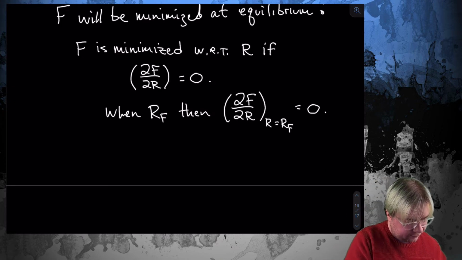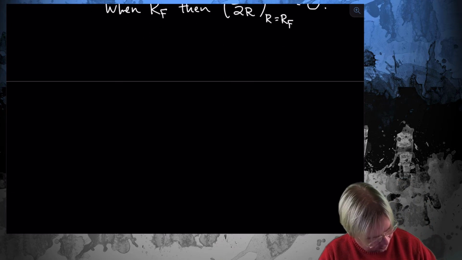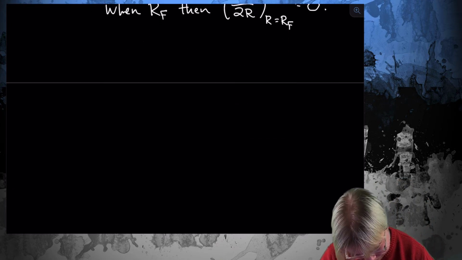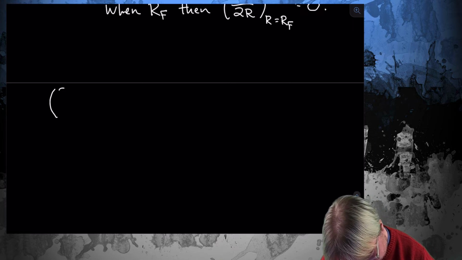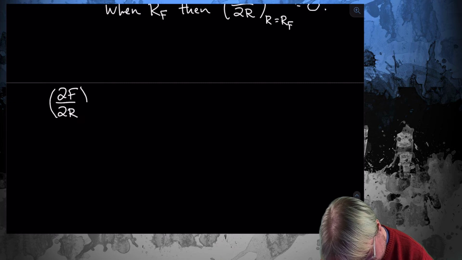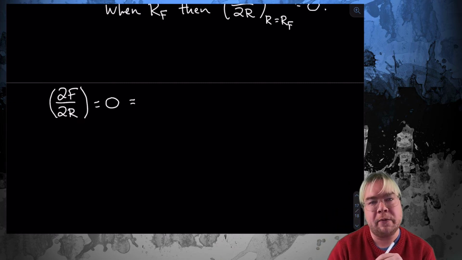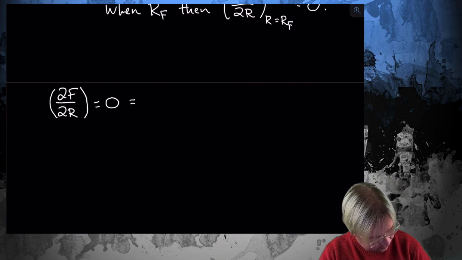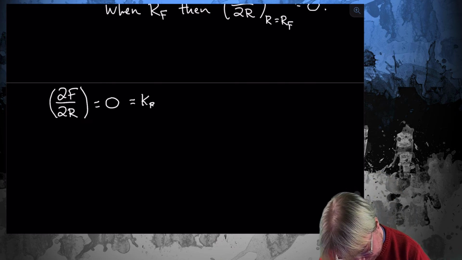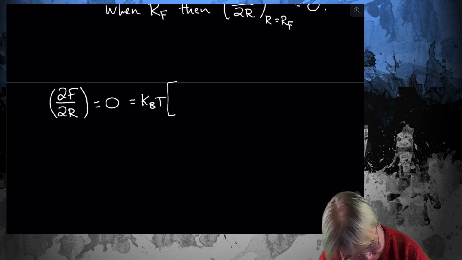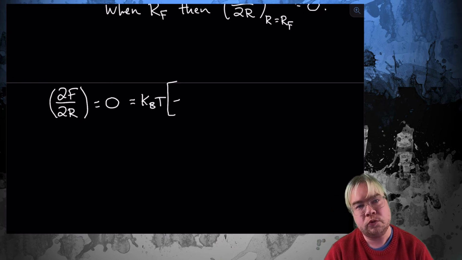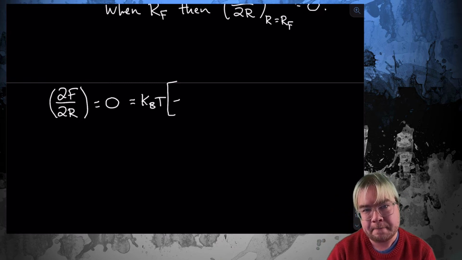I'm going to flip my notes over so that I don't make a mistake while we do this. And let's take the derivative. The derivative of F with respect to R is going to be equal to 0, or that's the condition that we want. And that will be equal to kBT times, do this yourself, check my math. All right, it's good practice.